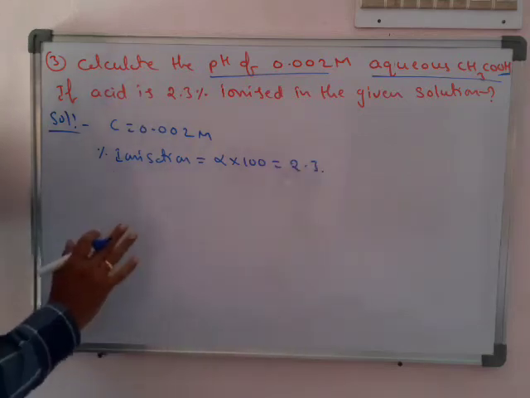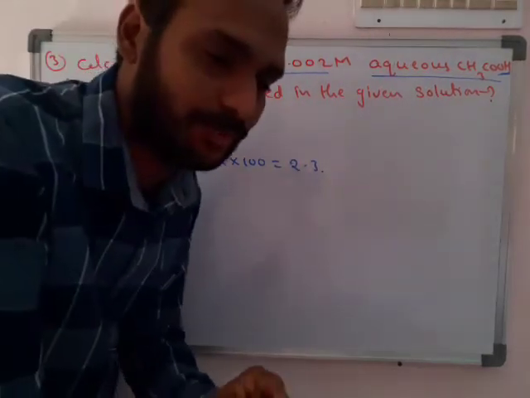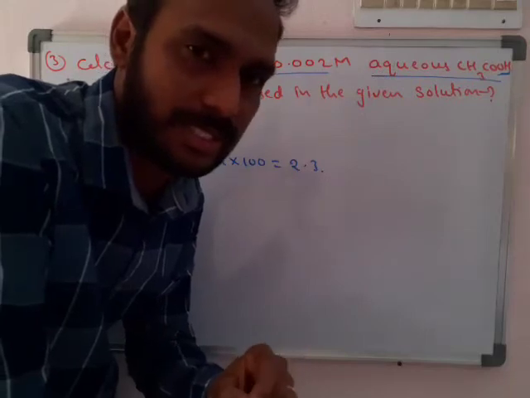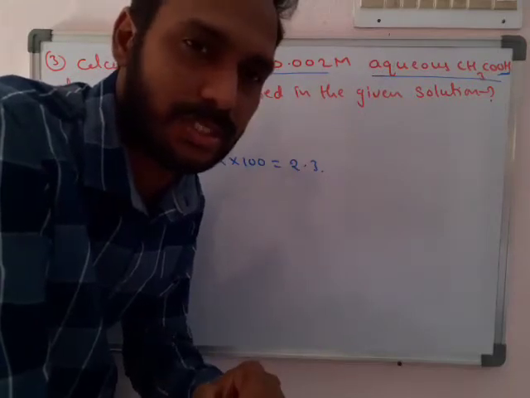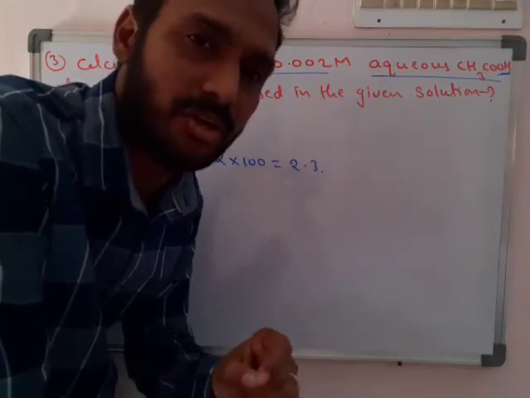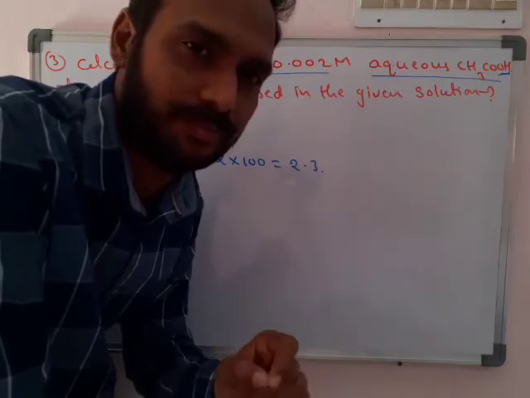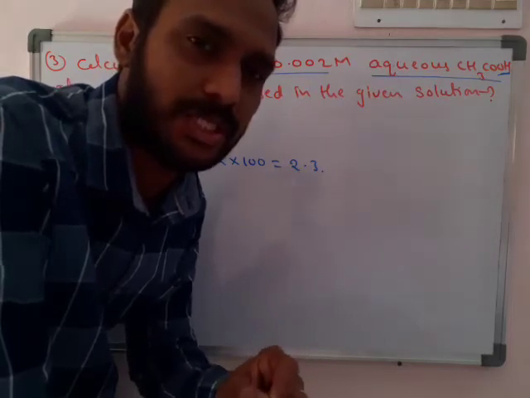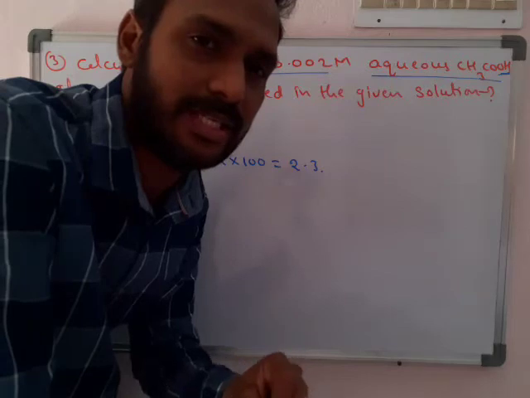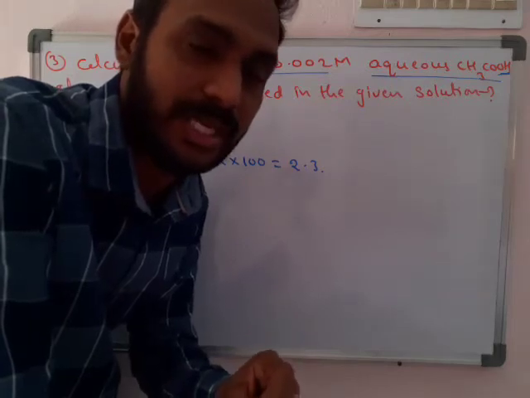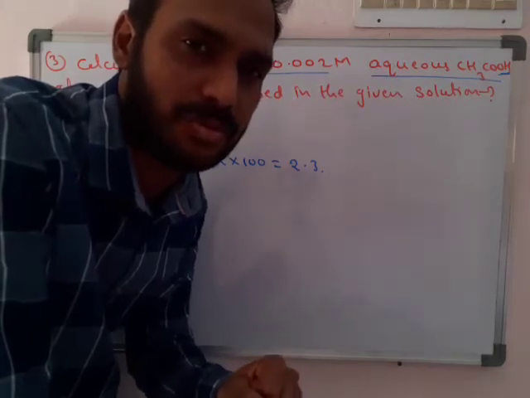So just remember that percentage dissociation and extent of dissociation, both are different. The percentage dissociation or degree of dissociation is given in terms of percentage. Alpha is the extent of dissociation.